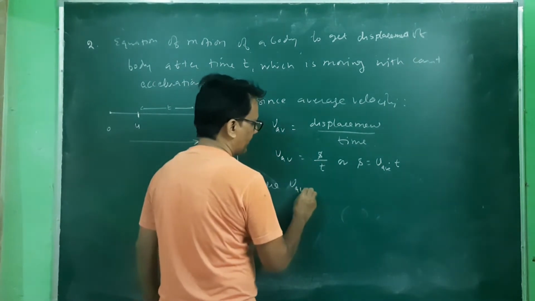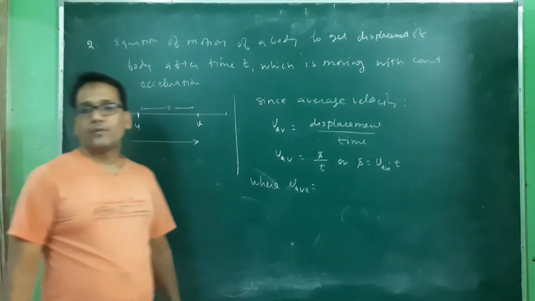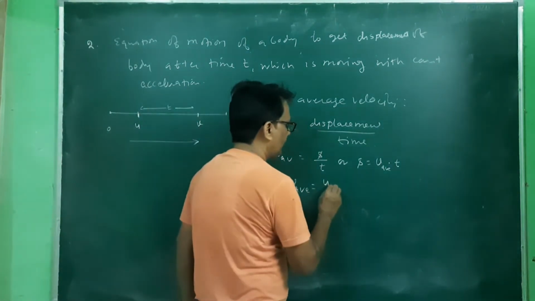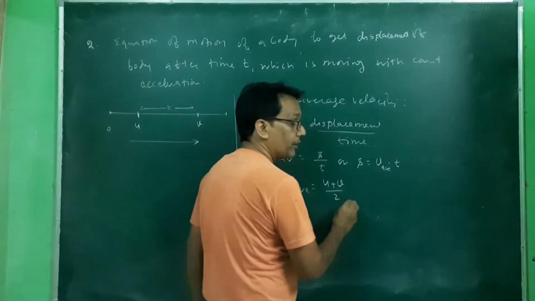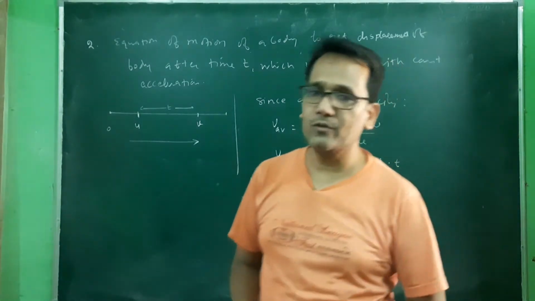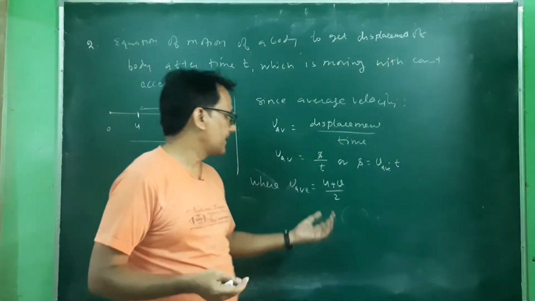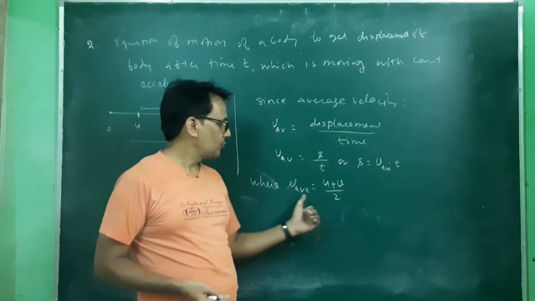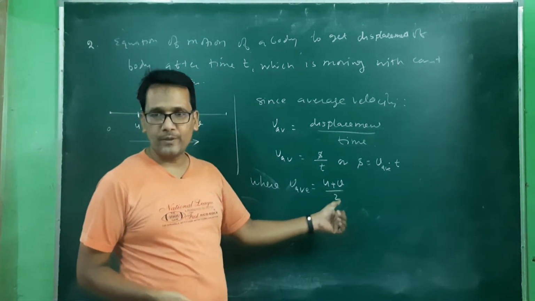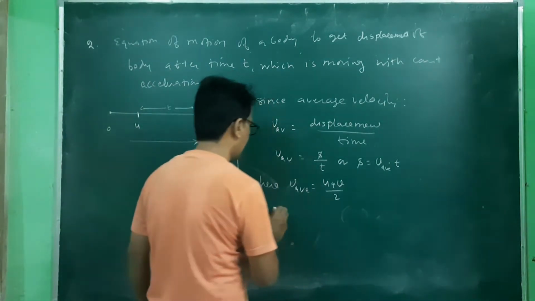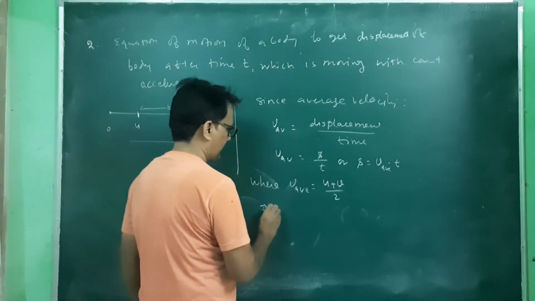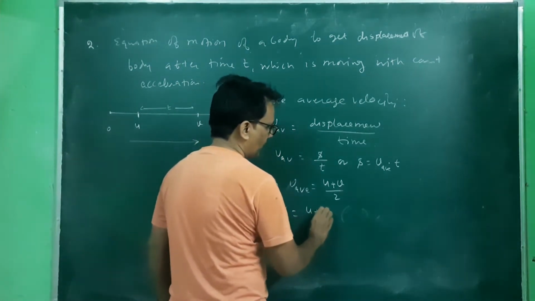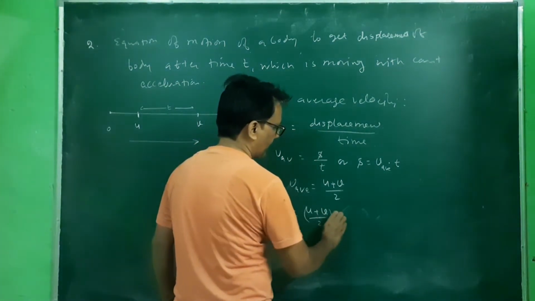We have another way to calculate the average, that is u plus v by 2. The initial velocity is u, the final velocity is v. If you want the average of these, we add them and divide by 2. So v average equals u plus v by 2. This implies displacement s equals u plus v by 2 multiplied by t.